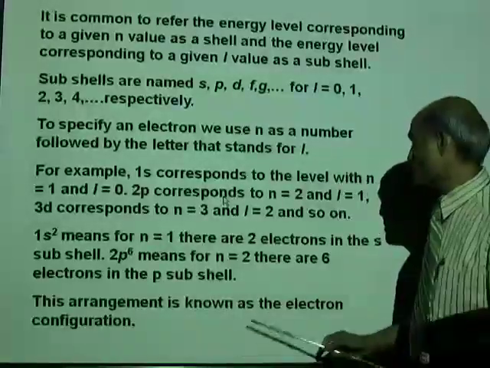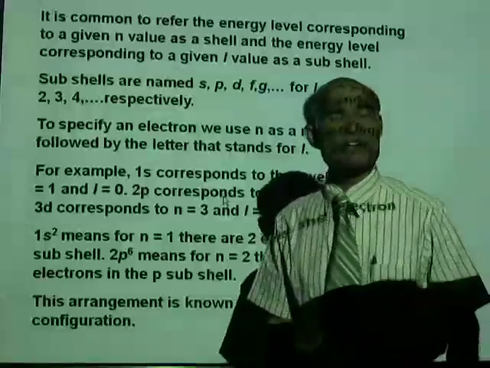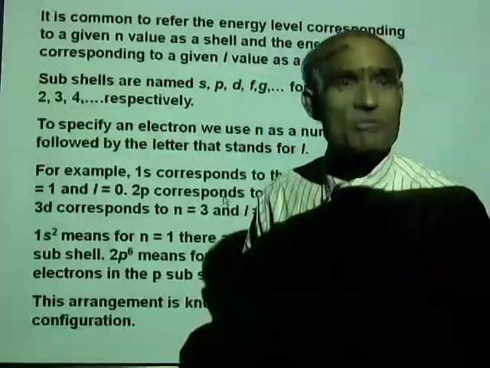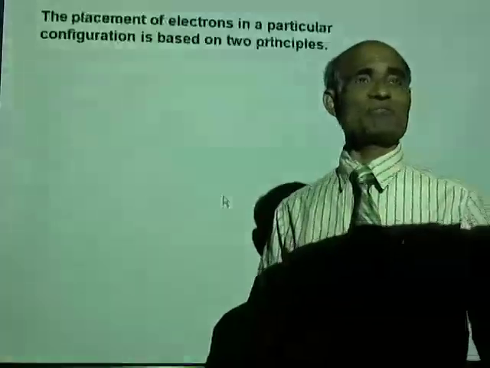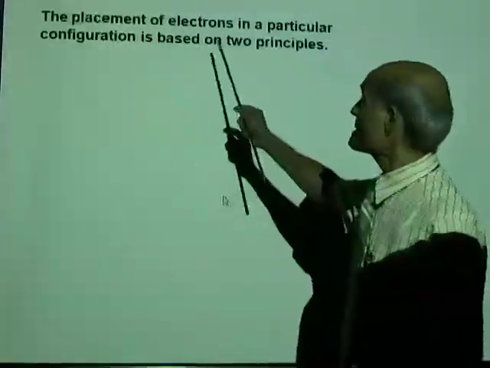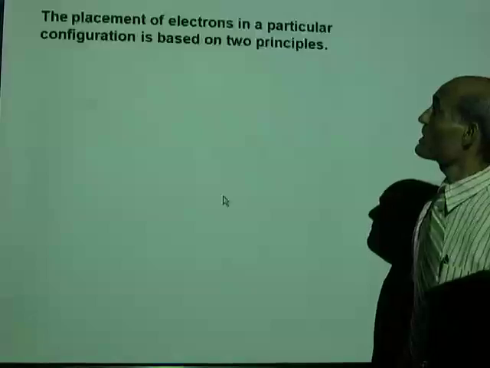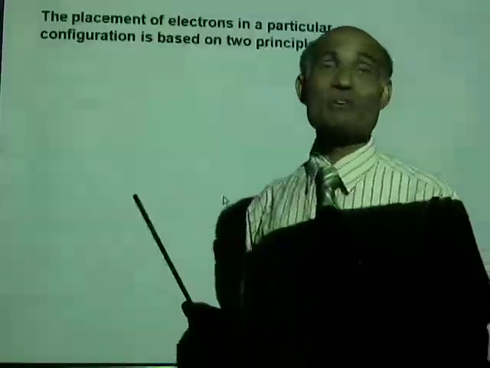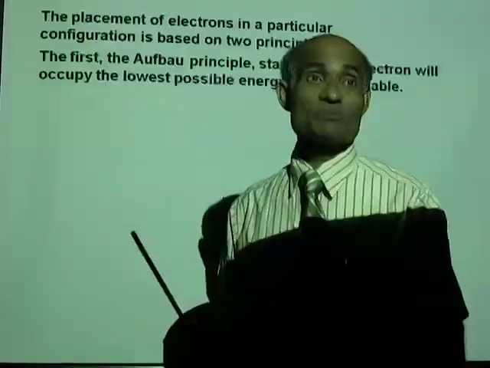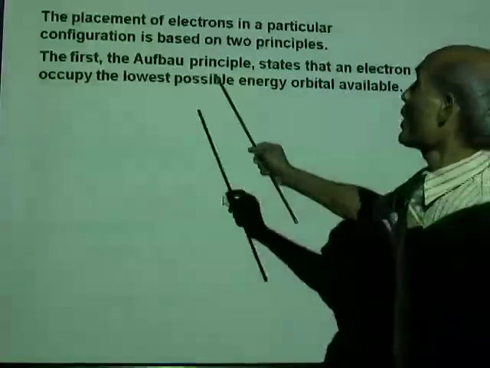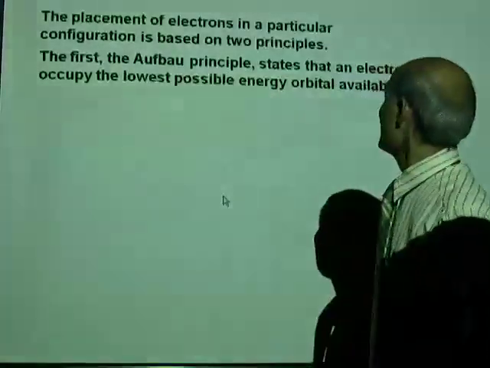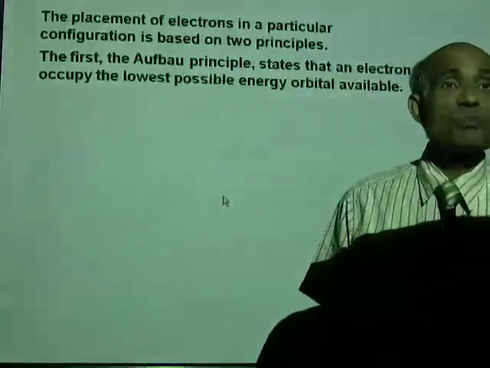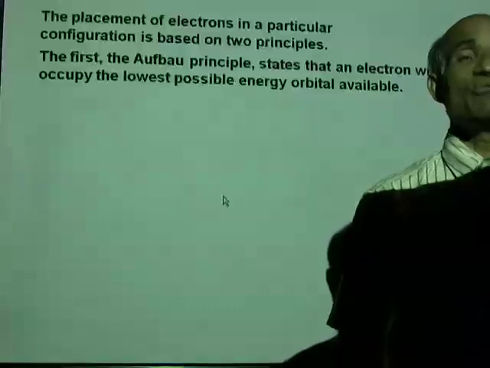Now, this arrangement is known as the electron configuration. I'm sure most of you have done a chemistry course and you are familiar with the concept of electron configuration. Now, the placement of the electrons in a particular configuration is based on 2 very important principles. The first principle is called the Aufbau principle, which states that an electron will occupy the lowest possible energy available.